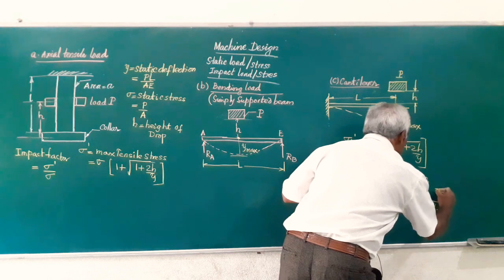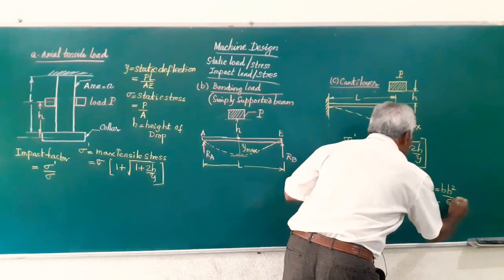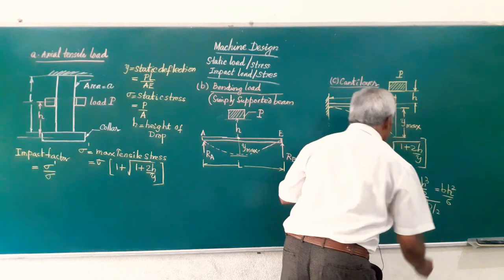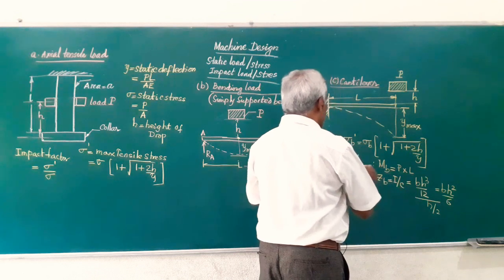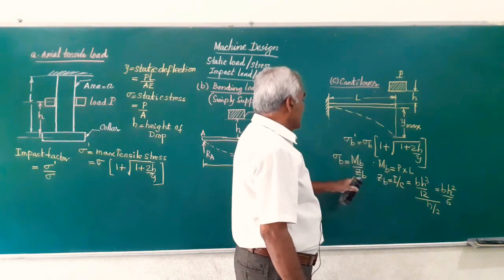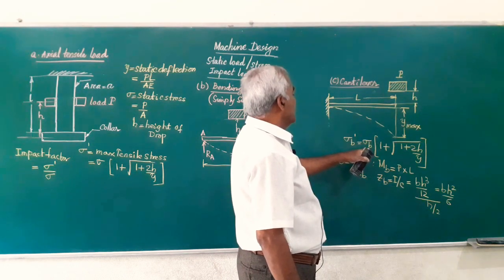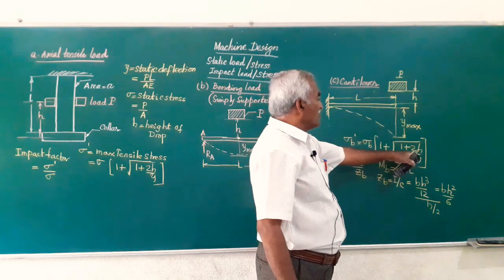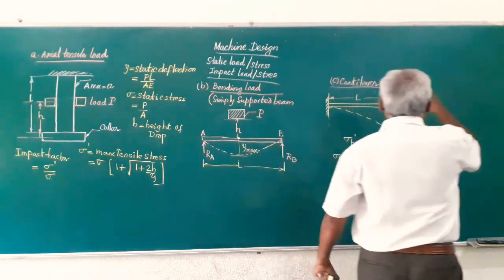So we are going to get b h square by 6 for the case of a member with rectangular cross section, and I by C we have written. So by knowing the load, we can find Mb, Zb. By knowing the cross section, we can get the value. You can put it here, and the height of drop will be given, and the value of Y, the deflection.